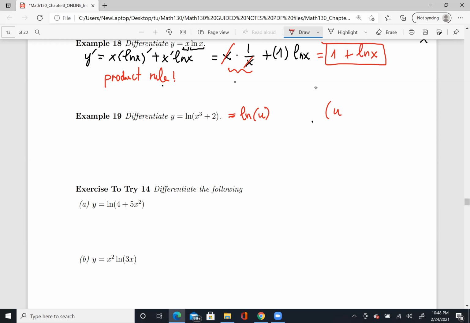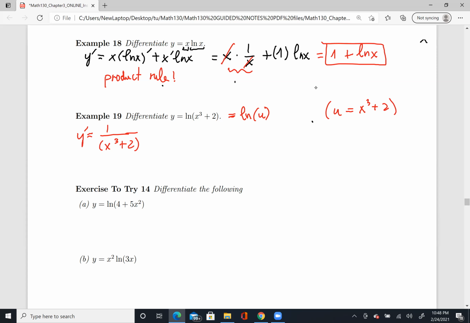You should know that u in here equals x cubed plus 2. So if you want to take the derivative of y, you're going to have 1 over u, which is x cubed plus 2, and you also need to multiply it by the derivative of u, which is the derivative of x cubed plus 2.